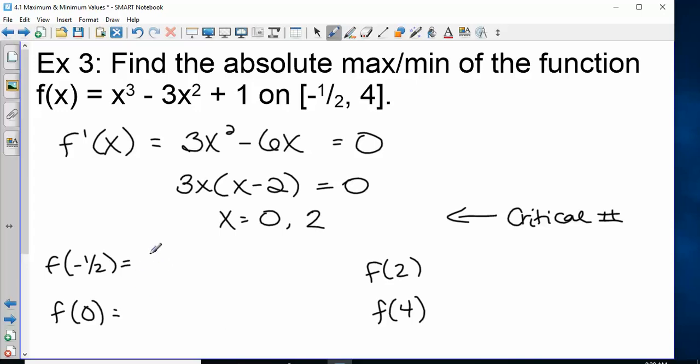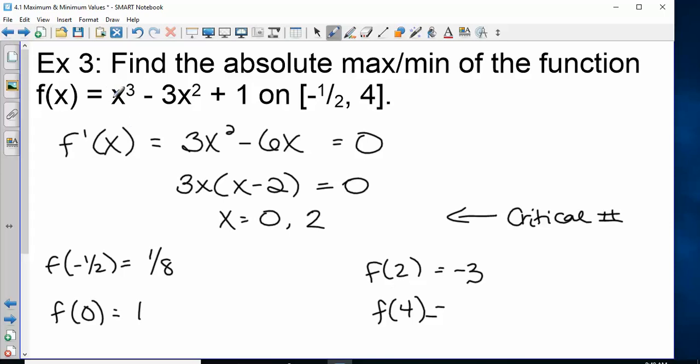What'd you get? 20? If you put a 0 in, I'll do that one. You get 0 minus 0 plus 1, so 1. Plug in a 2, you get 8 minus 12 plus 1, so negative 3.